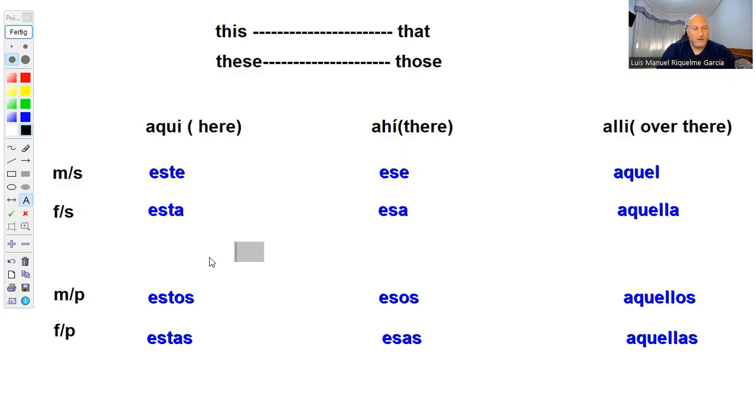Another one. For example, I'd like you to say that, let me think, that knife. And knife is cuchillo. And let me tell you that that knife is in the middle.